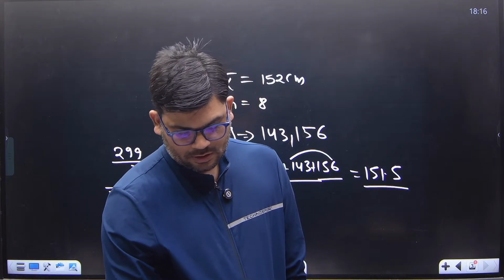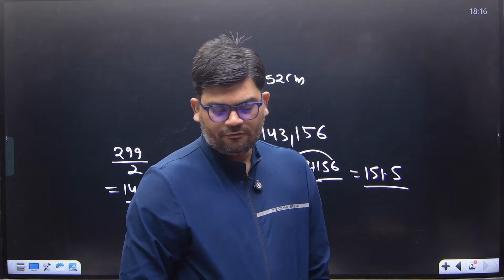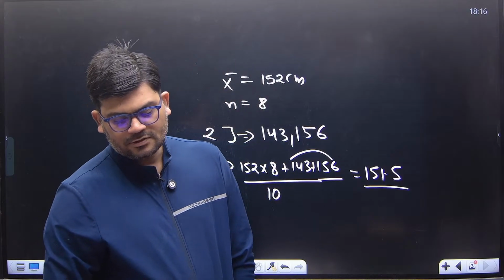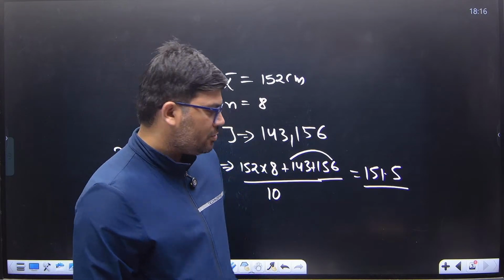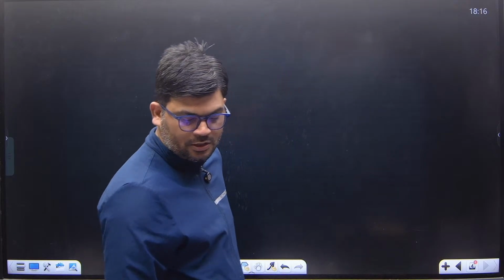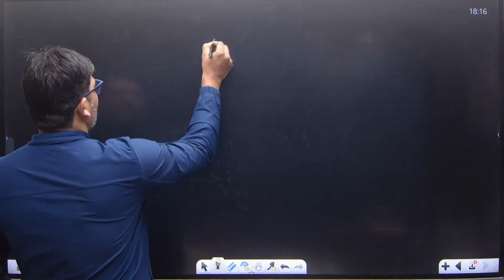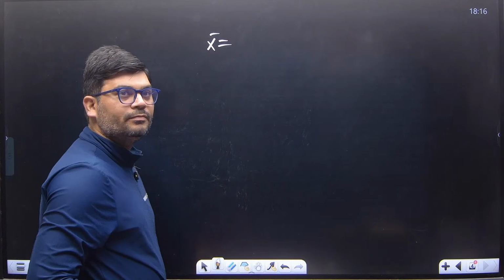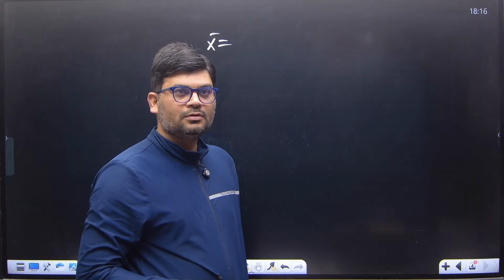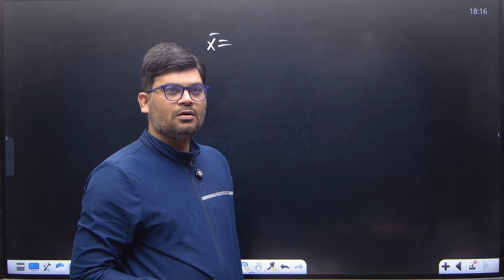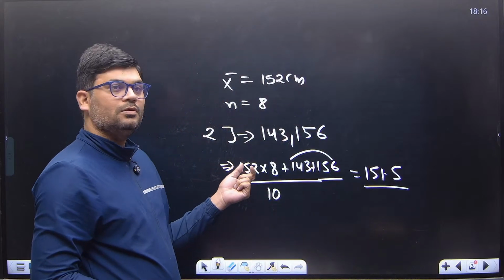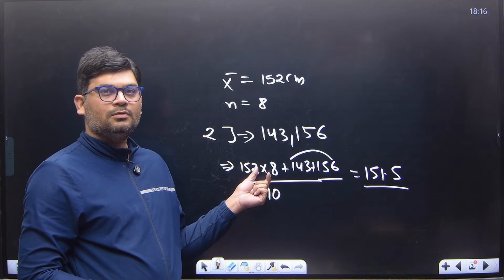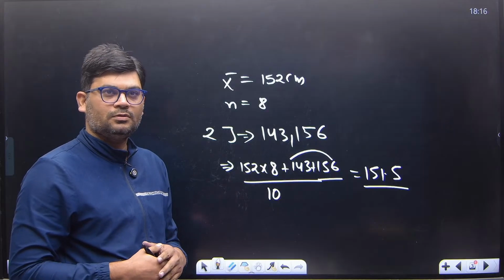Next question. In an examination, the marks scored by a class of 30 students was calculated as 58.5. So this is also a very good question. In the previous question, what you did, you multiplied the existing mean into the number of students, plus the new students, divided by the new number of students.